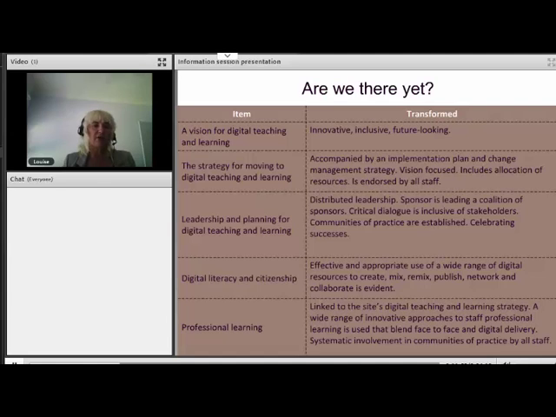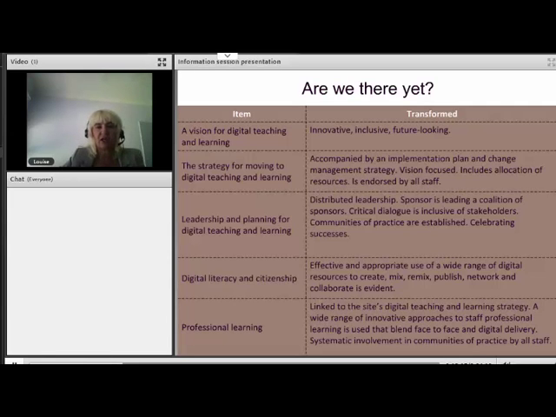I'm not going to read all this text out to you. I know that you can read yourself. But have a look at the items on the left. They are the key areas that we need to focus on to move our sites forward to digital teaching and learning. And in the right column there is a description of the transformation in each of those categories.